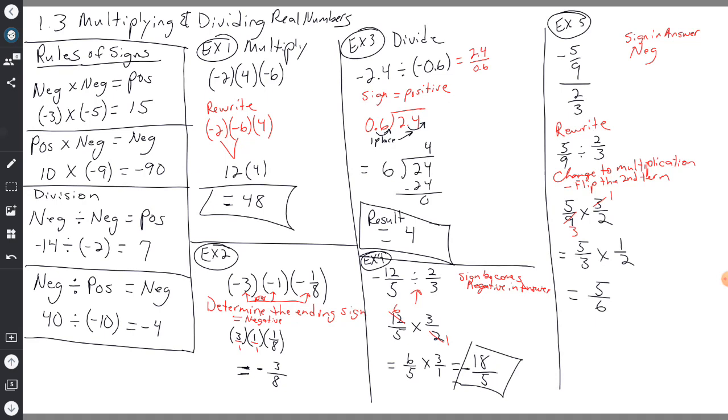We can't do anything else with that because we've already reduced it. That's the good thing about reducing before you multiply: when you get to the end, you should have nothing left to reduce. And yes, we have a negative sign, right?